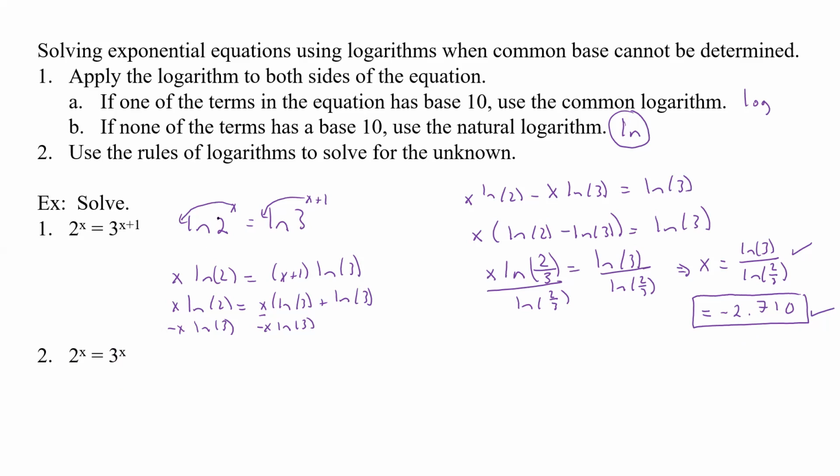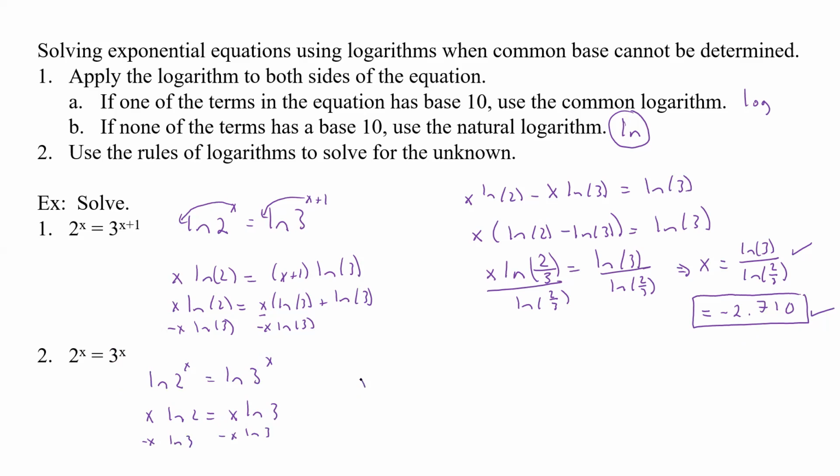Well, again, I'm going to do the same thing I did up here, except now I just use this equation. So that's going to be ln of 2 to the x equals ln of 3 to the x. Bring my x's down, so x ln of 2, and that equals x ln of 3. Now, I have to take it to the other side, so I'm going to subtract x ln of 3 from both sides.